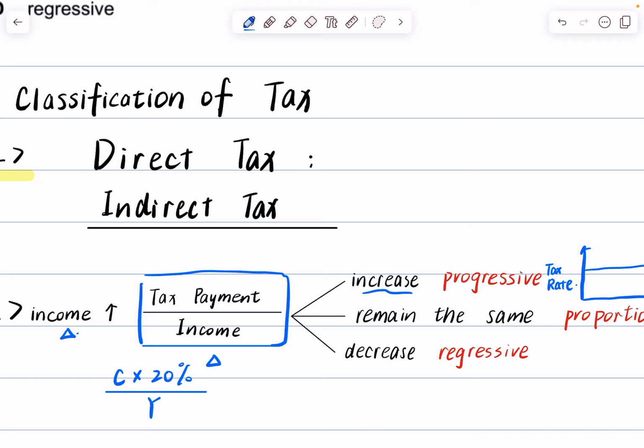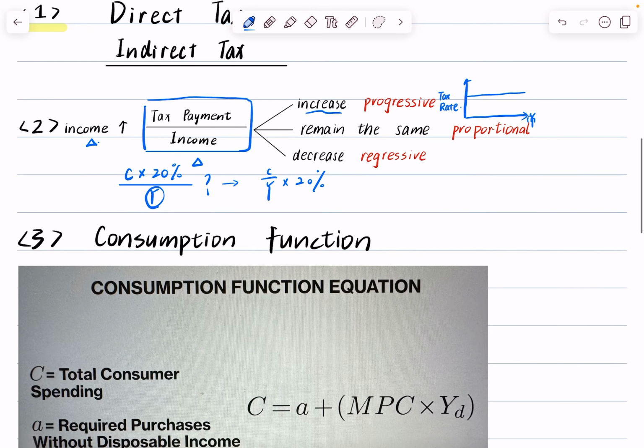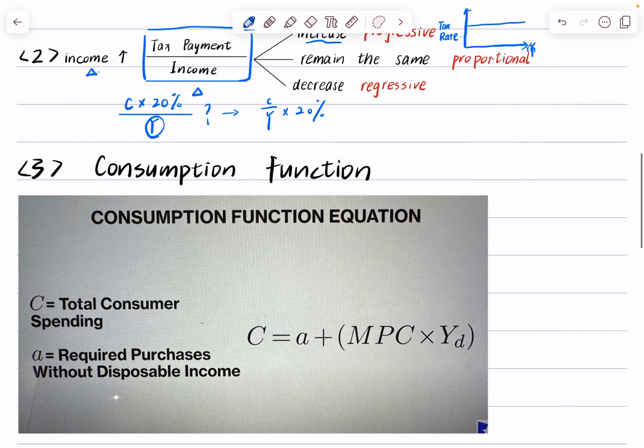I write Y to represent it. How will it change if Y increases? We can also rewrite it like this. And then we also need to learn something called the consumption function.